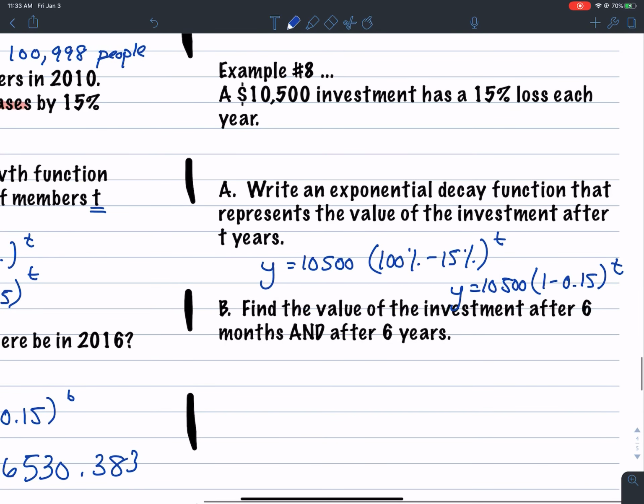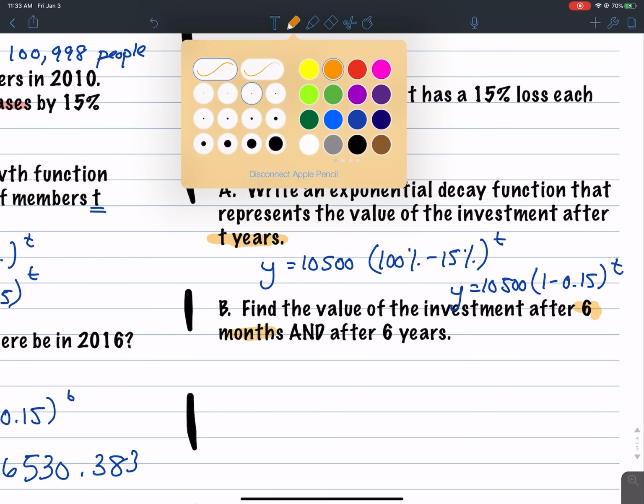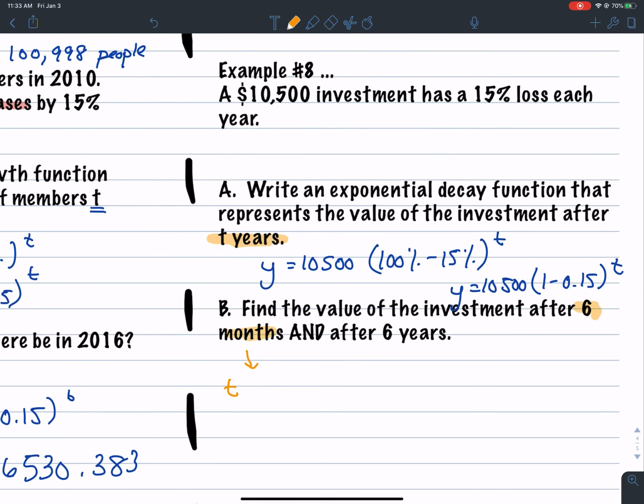So here we want to find the value after 6 months and after 6 years. So here's just a little tricky one. We know that t is measuring years. So 6 months, we need to convert that to years. So 6 months is half of a year. So in our equation, and again, this is why we'd use our calculator, we would get, looks like this much.